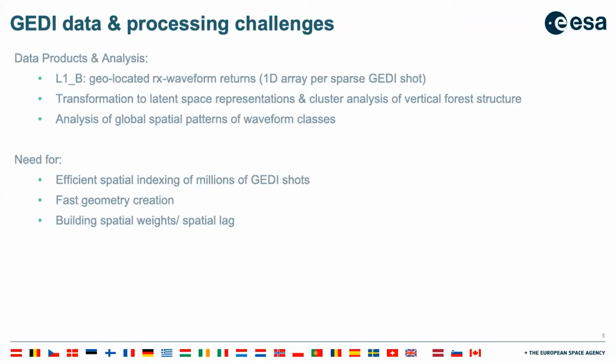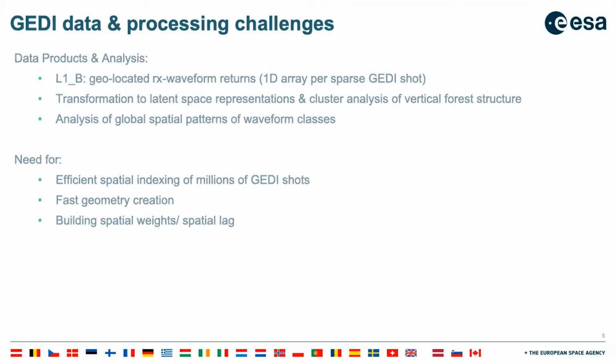waveform classes. So we currently have a need for efficient spatial indexing of these millions of GEDI shots, which we get as latitude and longitude shot information, so point geometries basically.